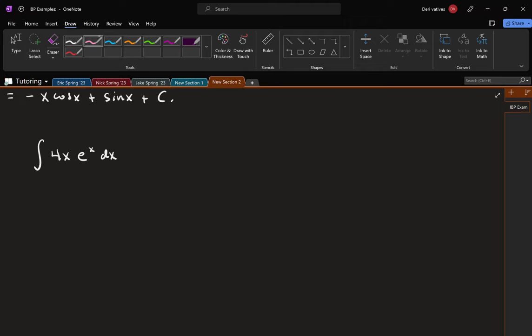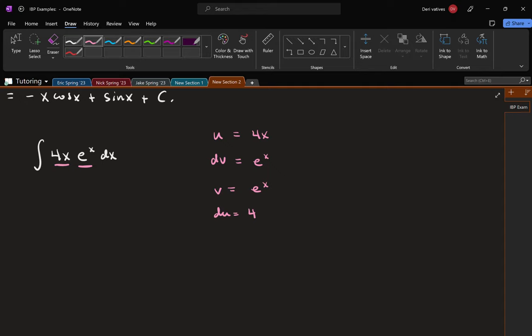So I need to pick one of them to be u. I have a product. One of them to be u, one of them to be dv. I will pick them for you this time. And then I need to find v, which means antiderivative, and du, which means derivative.